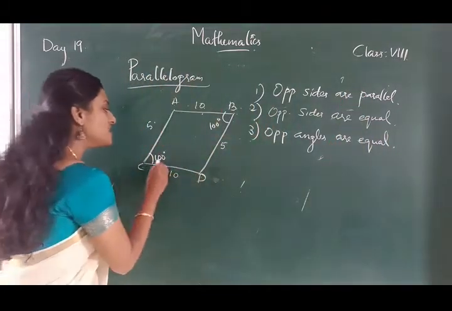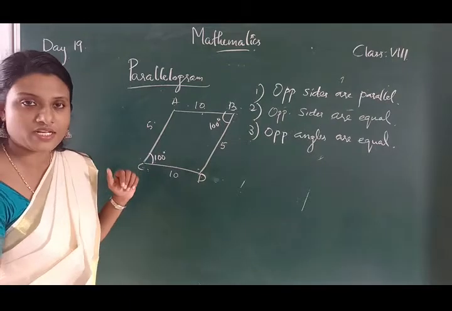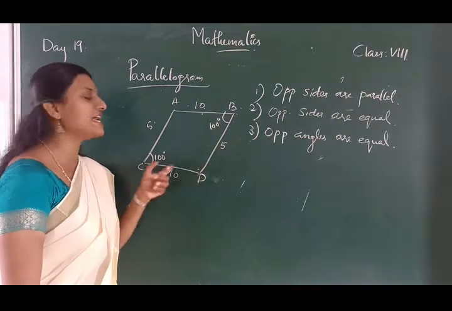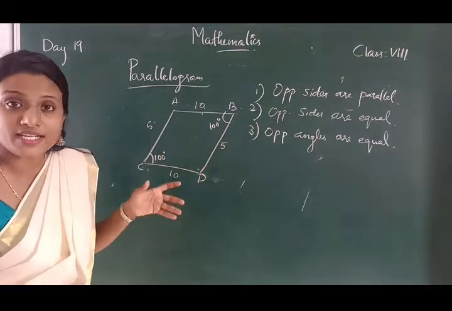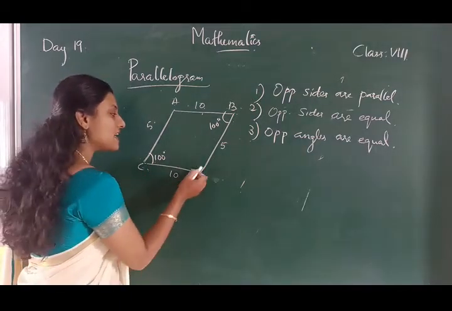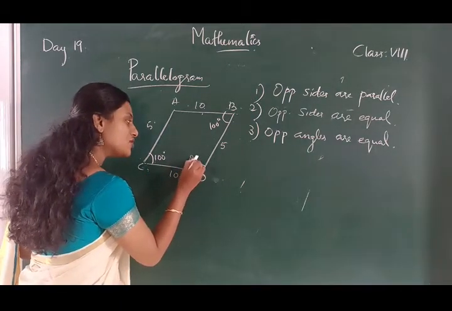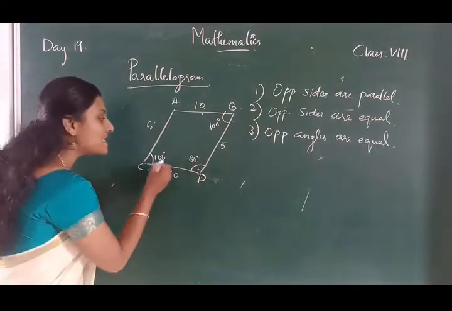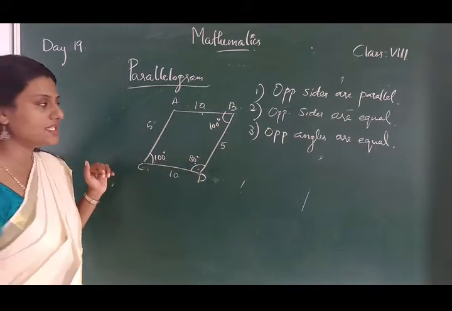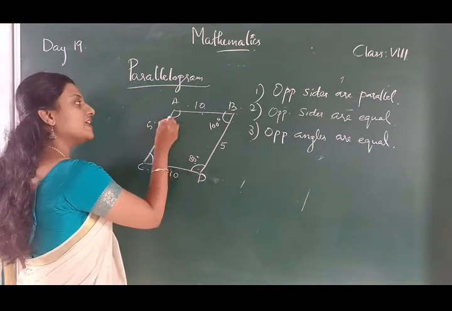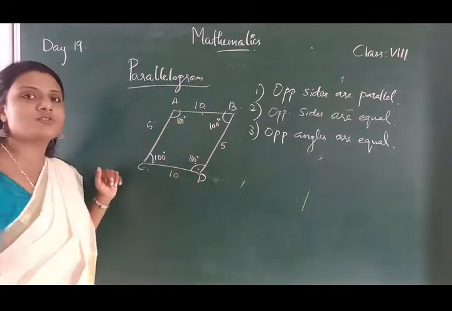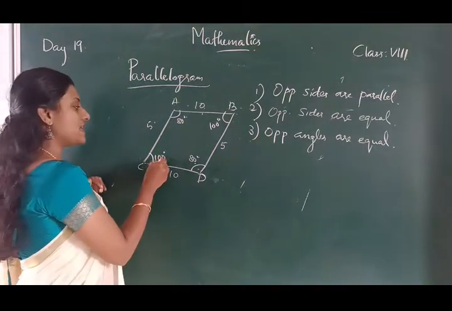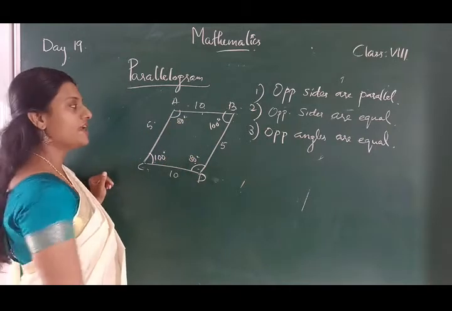Next is adjacent angles are supplementary, or the sum of the adjacent angle is 180 degree. Suppose this angle is 100 degree, then this angle should be 80 degree. Then only its sum is equal to 180 degree. If B is 80 degree, what about A? A is also 80 degree. Adjacent angles 180, 180.